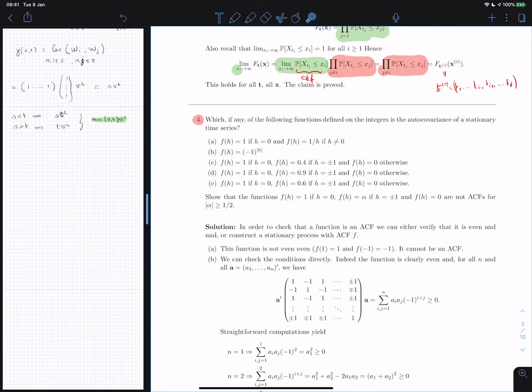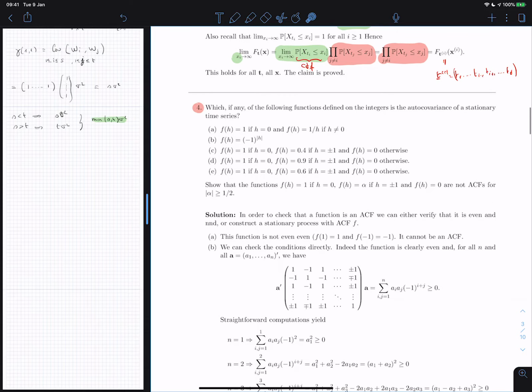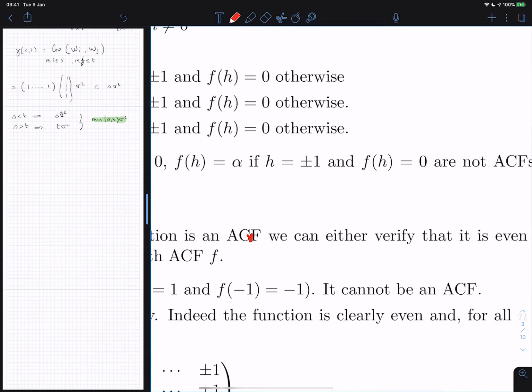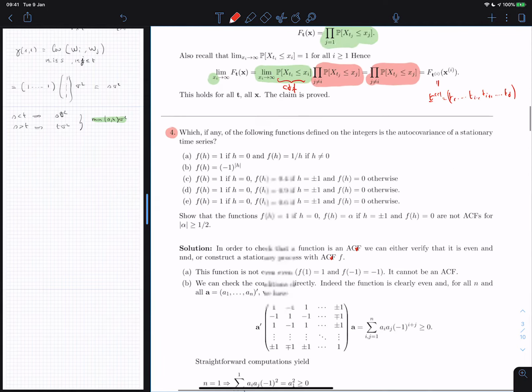Of course, before doing this, you have to guarantee that what you're looking at is indeed the autocovariance of a stationary time series. And it's not easy to check. So let's look at the first example. In order to check that a function is an autocovariance function, once again I should correct this and put a v here and a v here, there are two ways of doing it.